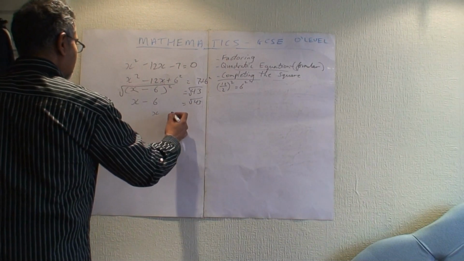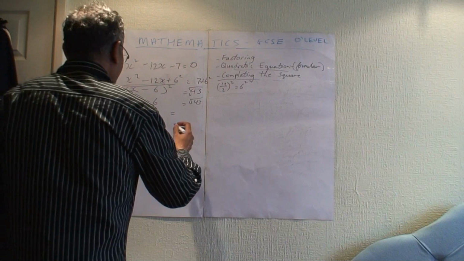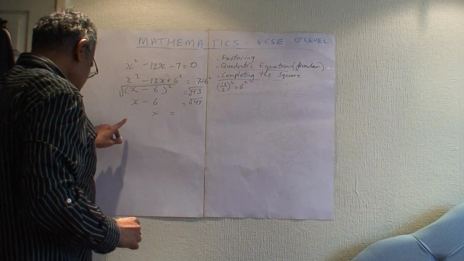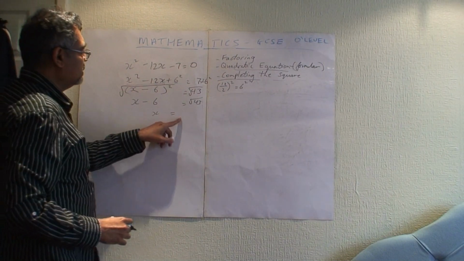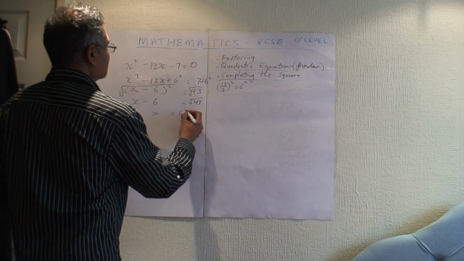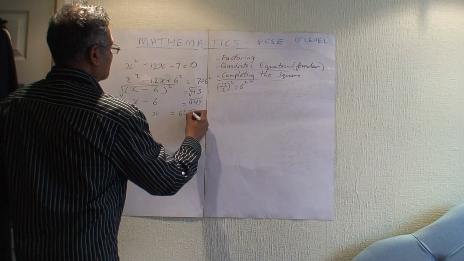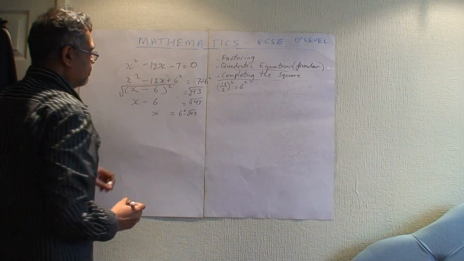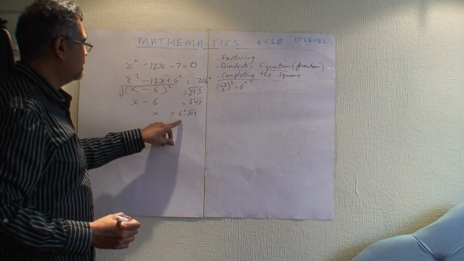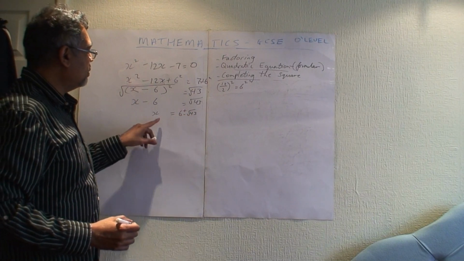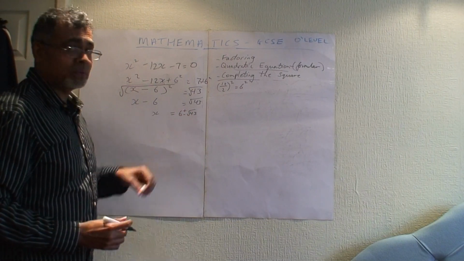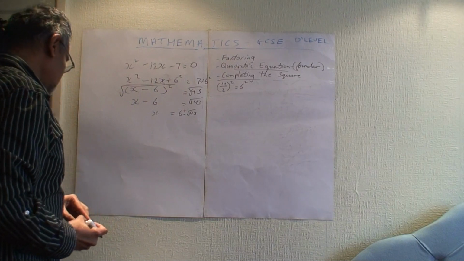X is equal to, because it's a minus, it comes on this side and becomes a plus. So it's 6 plus or minus the square root of 43. So you have two answers. X can be 6 plus the square root of 43, or x is equal to 6 minus the square root of 43. So that's two answers you got there.